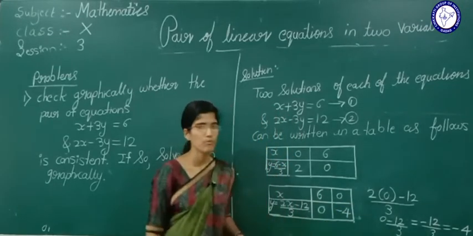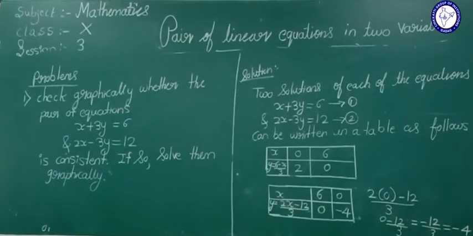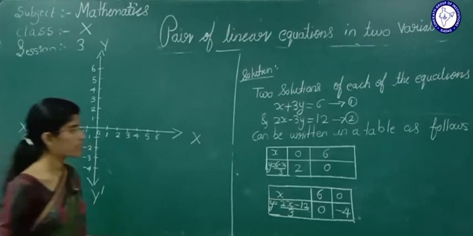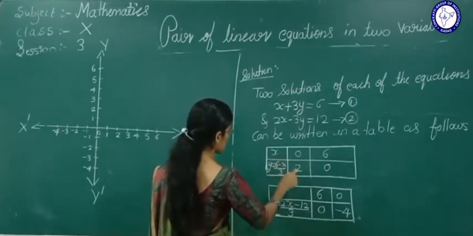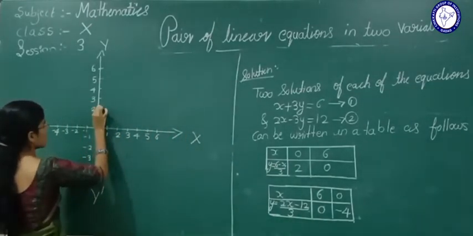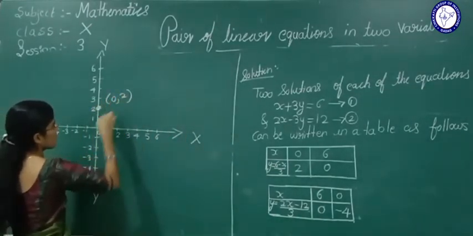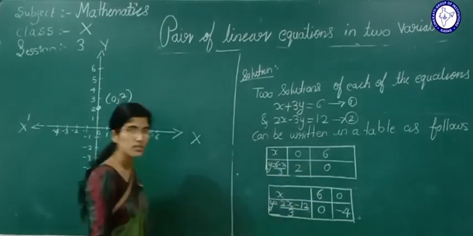So this we are going to plot in a graph. So when x value is 0, the corresponding y value is 2. It is (0, 2). When x value is 6, the corresponding y value is 0.